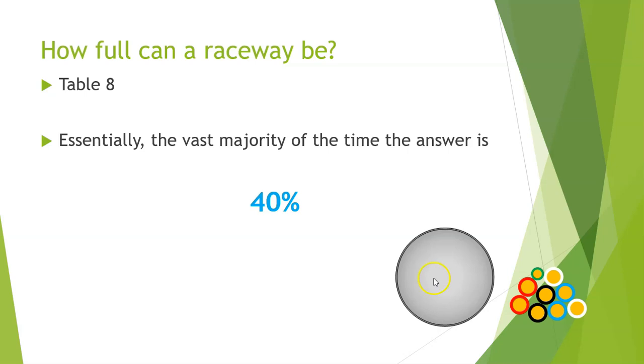Which means that when you look at a raceway, like the one that I'm illustrating here, if you were to imagine that 40% of that raceway is that much volume, that means that when you now look at any given bundle of wire, in terms of the total area that bundle of wire occupies, that has to fit within that 40% of your given raceway size.